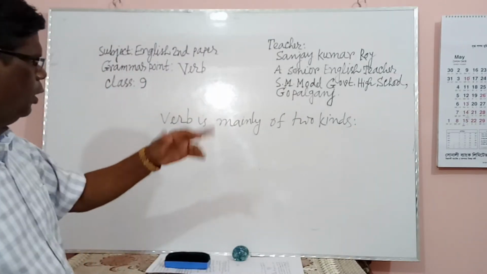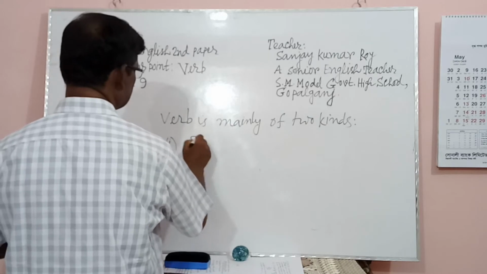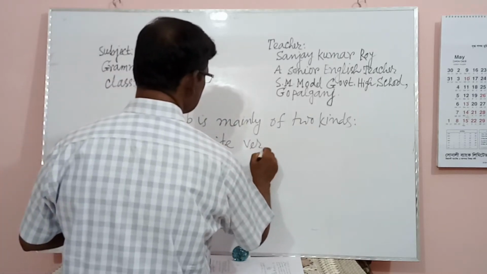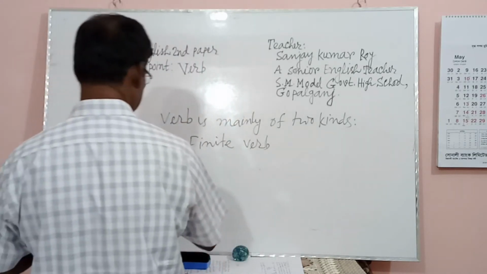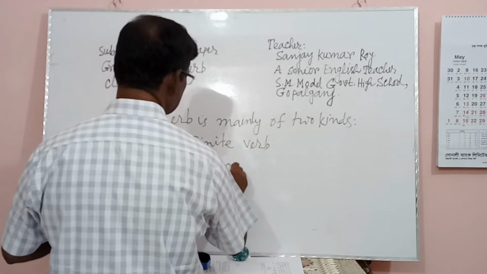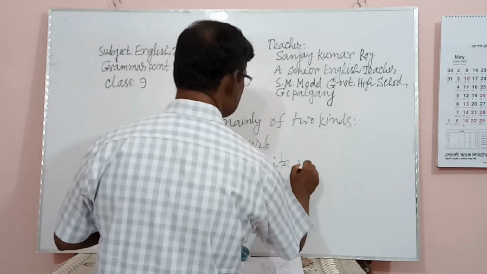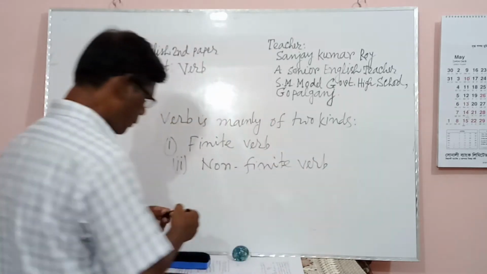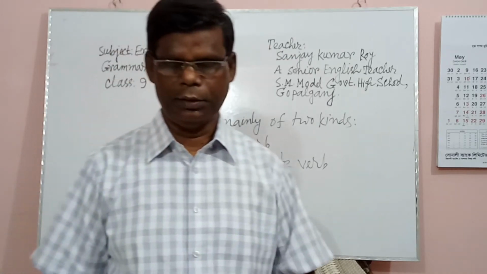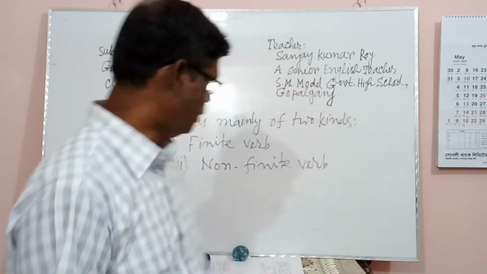Verb is mainly of two kinds: finite verb and non-finite verb.